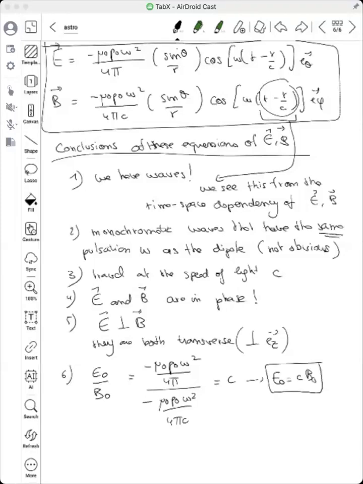This is exactly what we had when we derived electromagnetic wave propagation in vacuum, right? Actually, all of these things are exactly what we expect for electromagnetic propagation in vacuum.